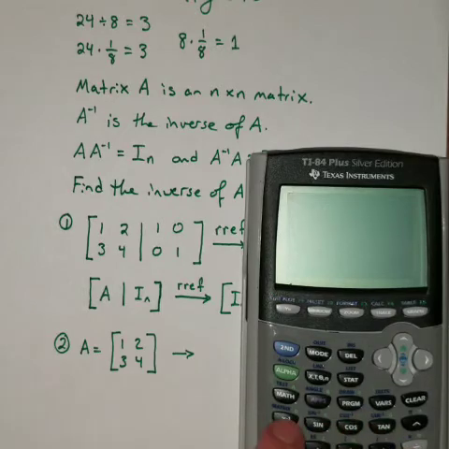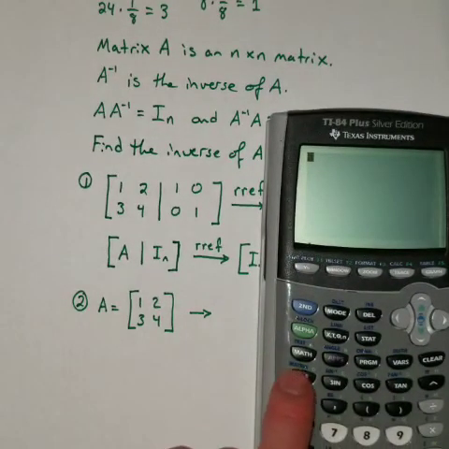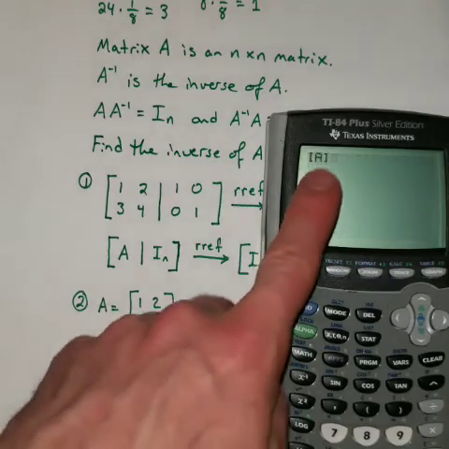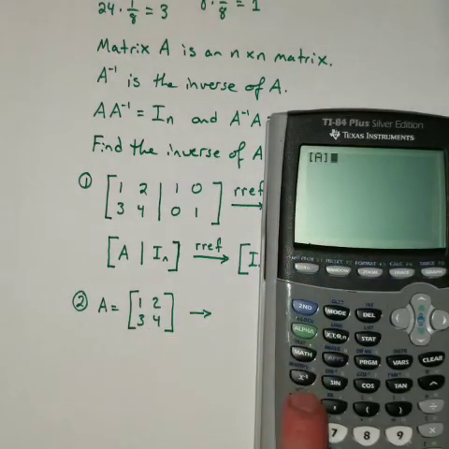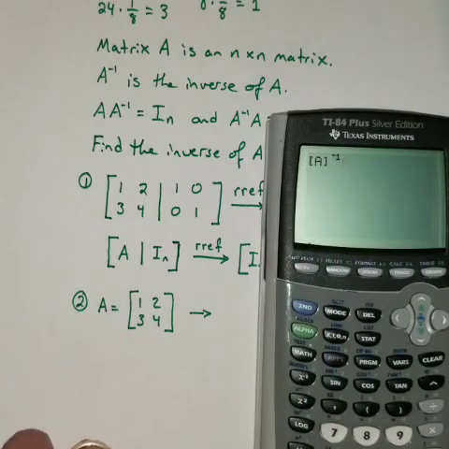What you can do is on your calculator, the actual button that the matrix menu is on is this X inverse. If you go to the matrix menu, grab the matrix we just created, and hit that button, you'll see the little -1 show up. That will directly give you the inverse matrix.